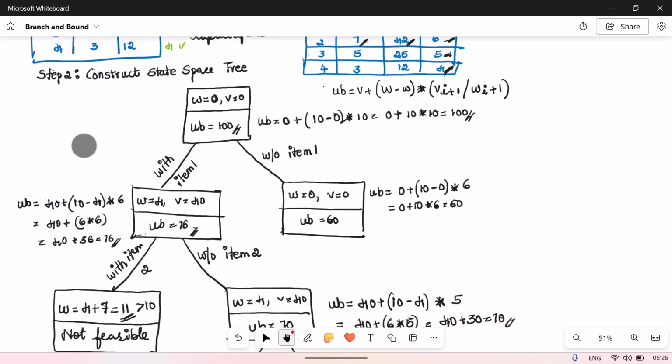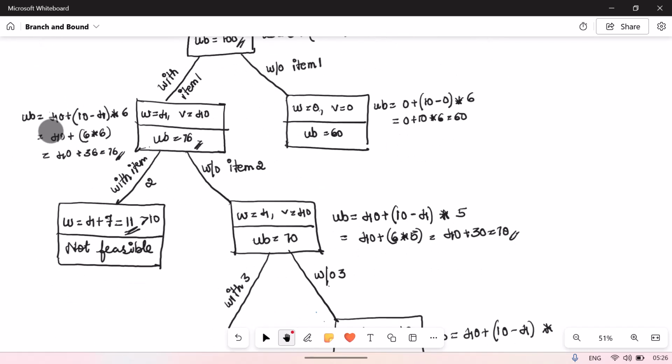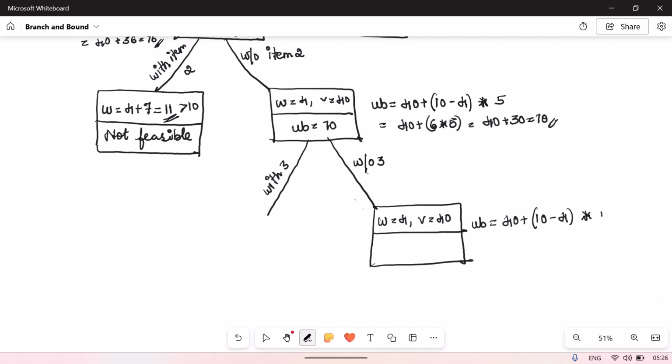Because this is the third item, the ratio will be of the fourth item, the next item, right? So this will become 4. So it will be 40 plus 6 times 4. So it will be 40 plus 24, which is equal to 64. So upper bound is 64.